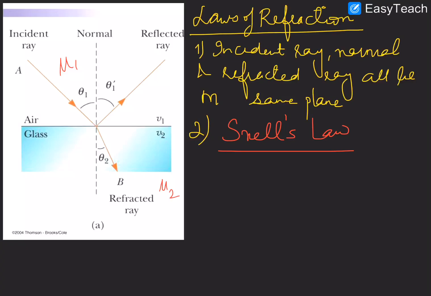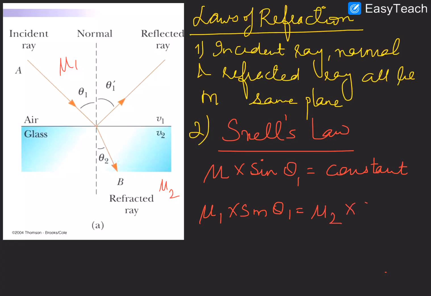According to Snell's law, the product of the refractive index and the sine of the angle always remains constant, which means we can write μ1 sin θ1 is equal to the product in the other medium, which is μ2 sin θ2, or you can write sin θ1 upon sin θ2 as μ2 by μ1.